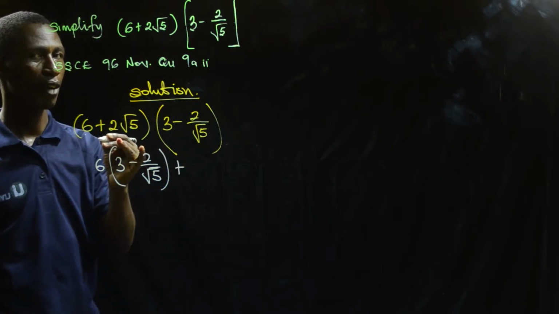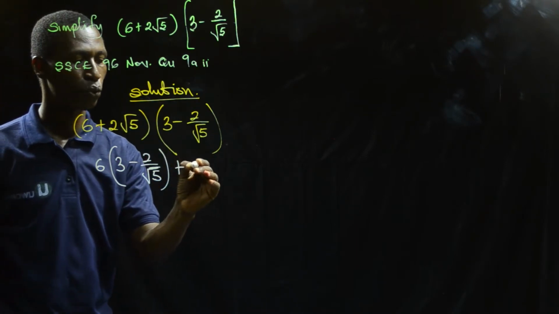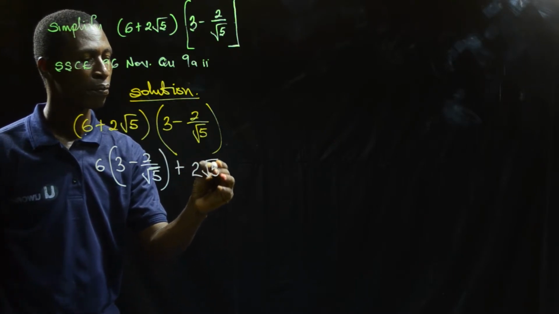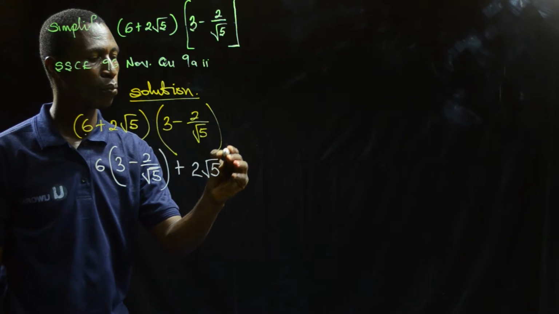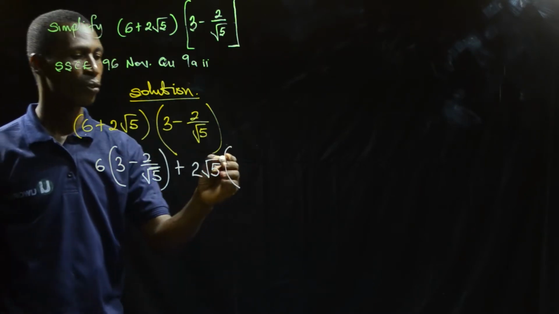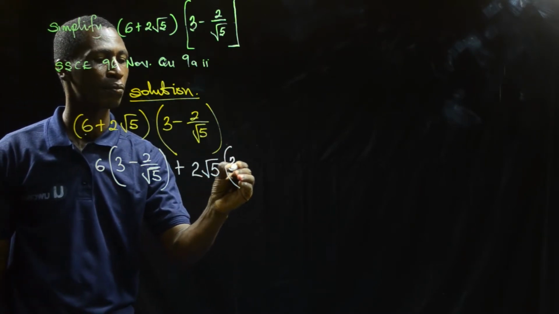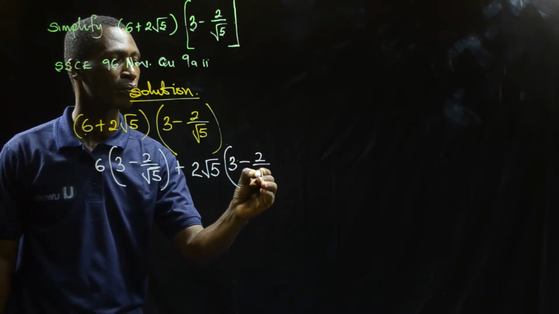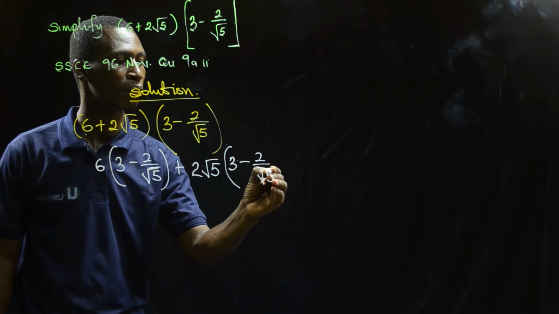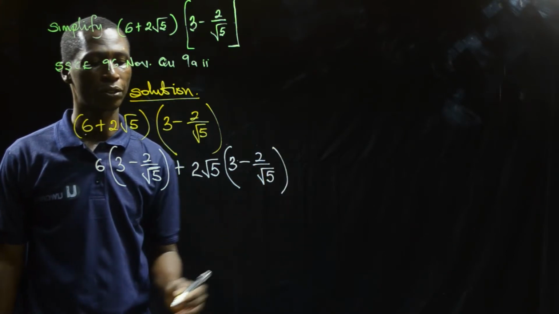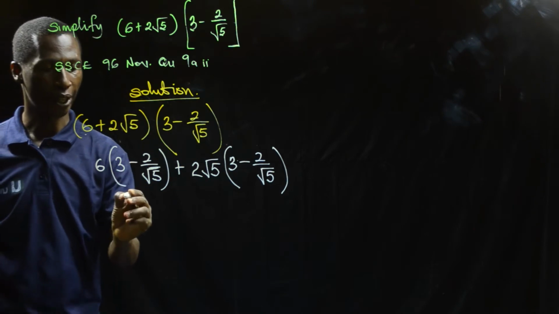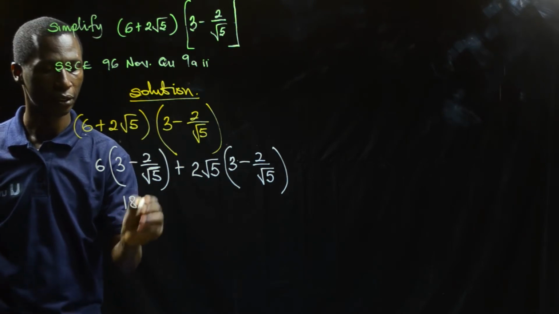The next figure I have here is also 2 over root 5, that is also multiplying 3 minus 2 over root 5. Good. So the 6 will multiply 3 and I'm going to get 18.